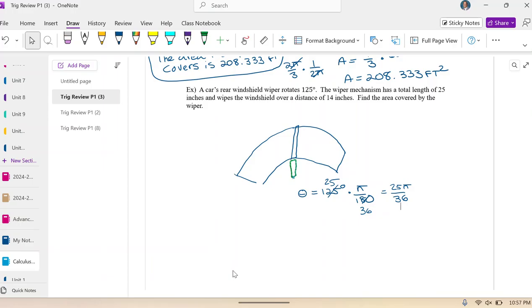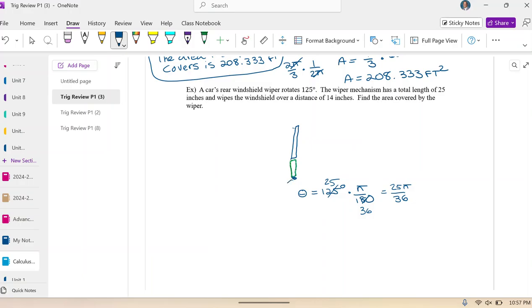So what we have to do here is think about it in terms of the whole windshield. Let me draw this picture again. If you start from here, it's going to rotate 125 degrees.